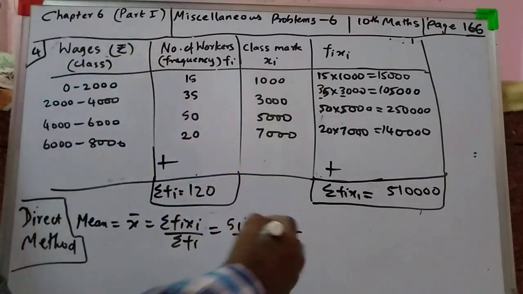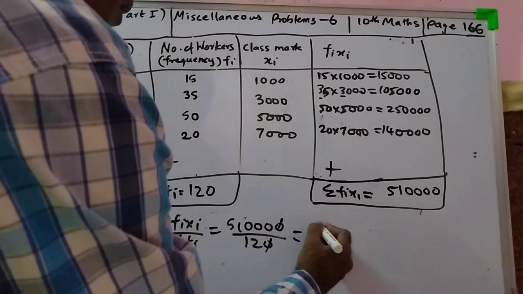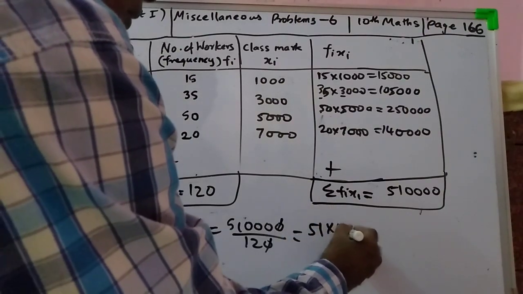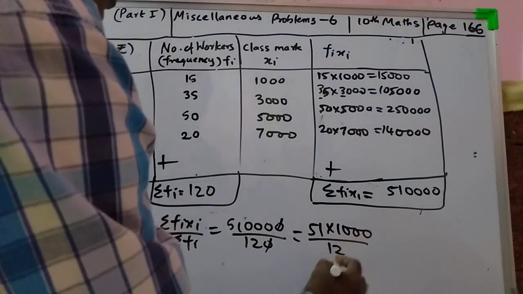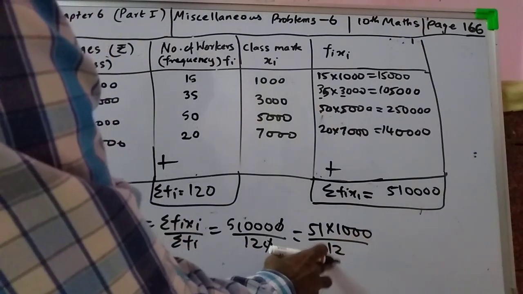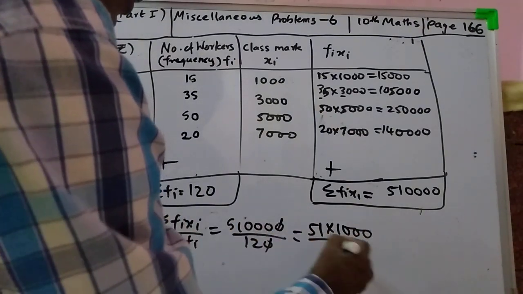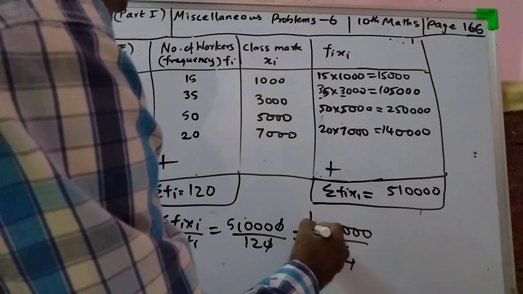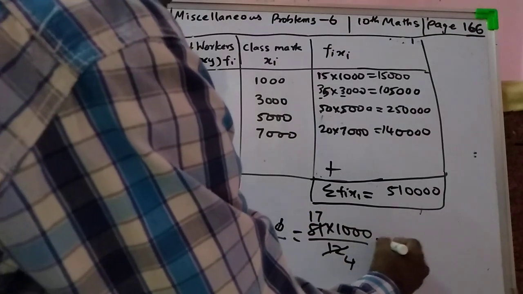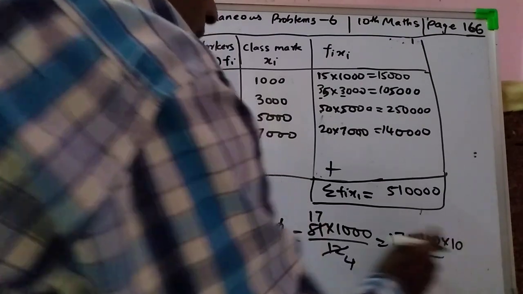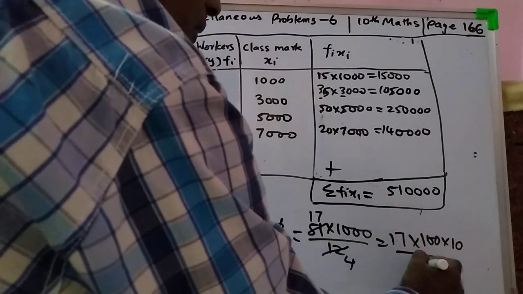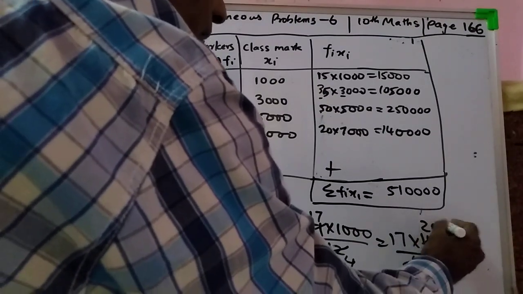Write 5 and split it, and write 1000 upon 12. It will go in the 3 table. 4 into 3, 3 into 1, 17. That will be written as 17 into 100 into 10. Split this into 4, 4 into 25.